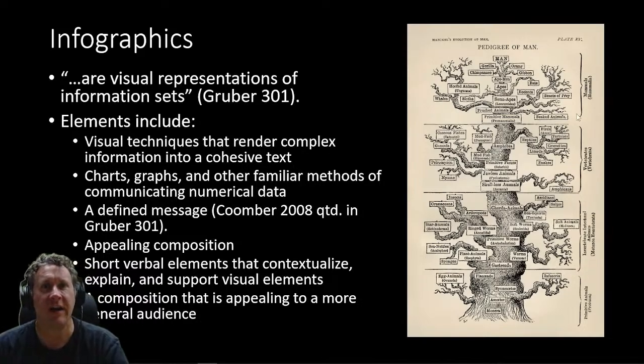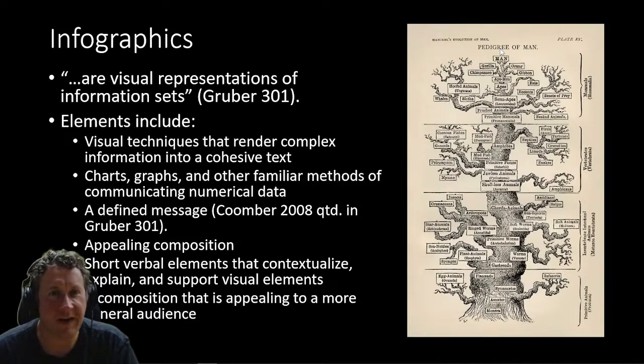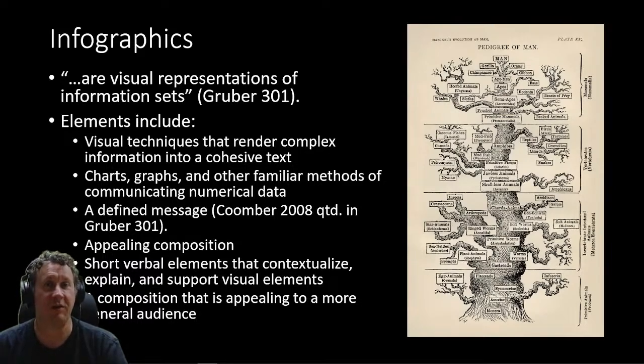Here we have the evolution of man, and it goes through this sort of tree shape. We've all seen some sort of variation of this, where we have way down at the earliest primordial stages up through the current. This is an older infographic, but it's one of the earlier attempts at visualizing this evolution.